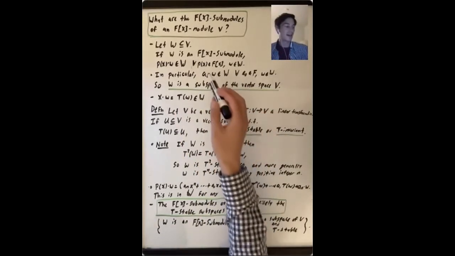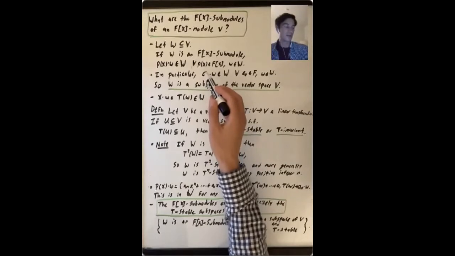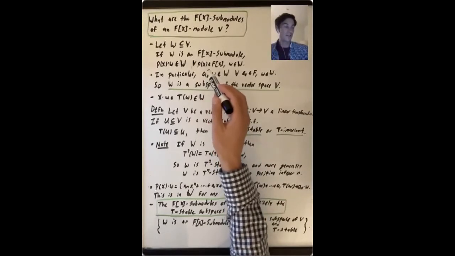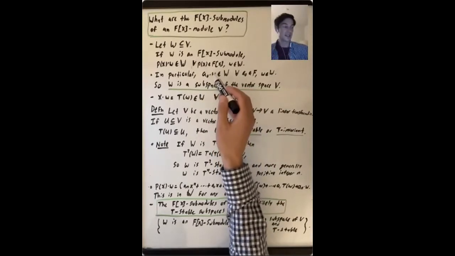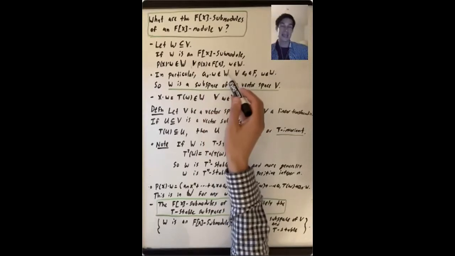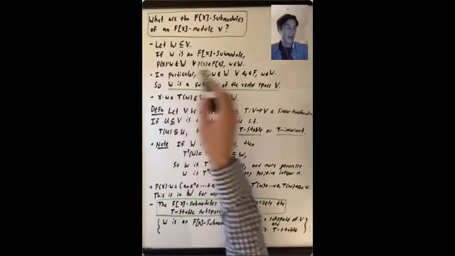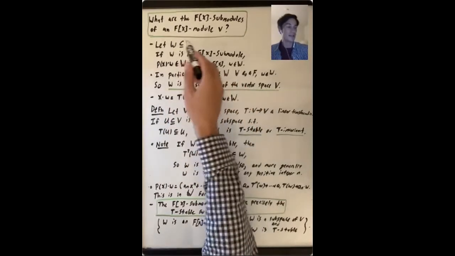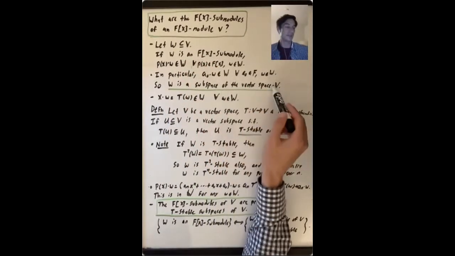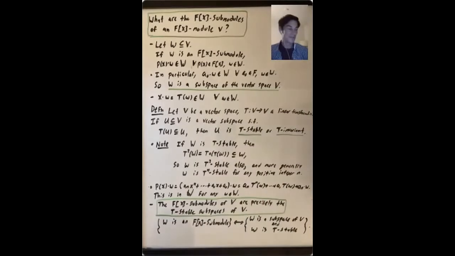And in particular, that means that the scalar multiplication of F restricted to this subset W has to stay in W. Okay, so now we know that W not only is a subset of V, but it has to be a vector subspace of the vector space V.